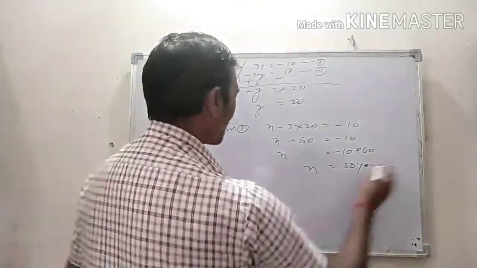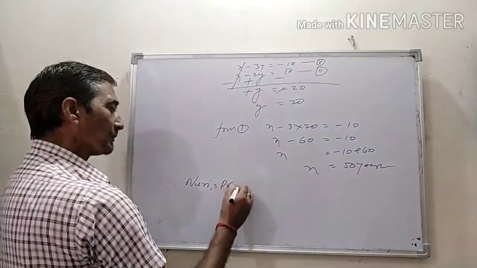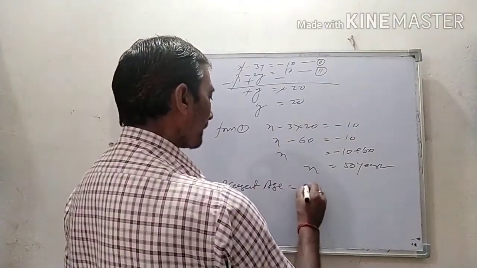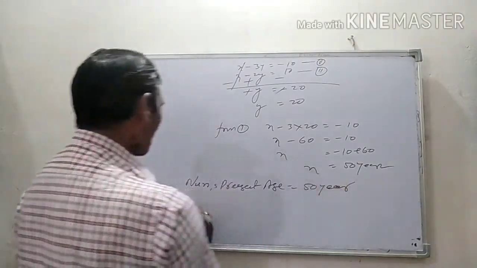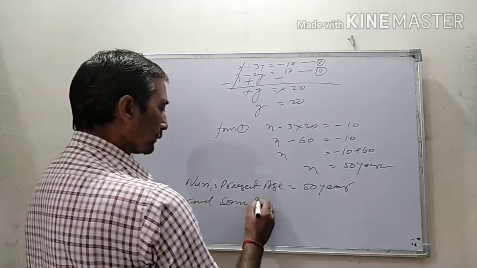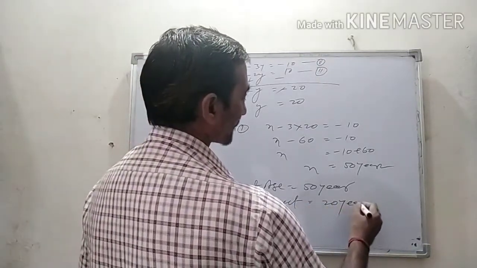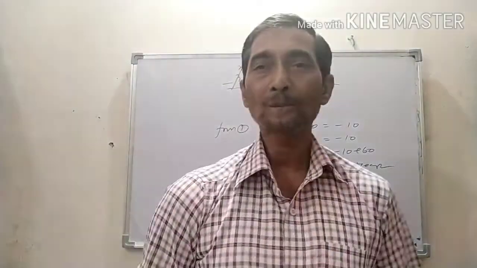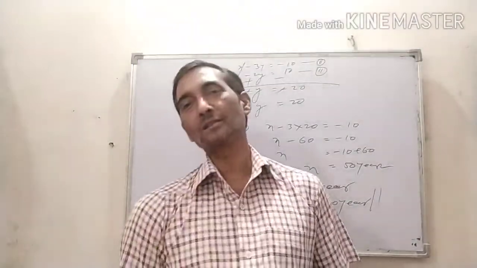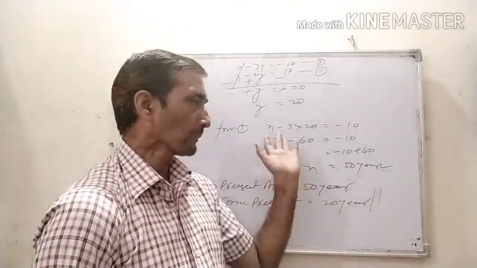Therefore, Noori's present age is 50 years and Sonu's present age is 20 years. This is your answer. The problem based on ages was solved by this method.